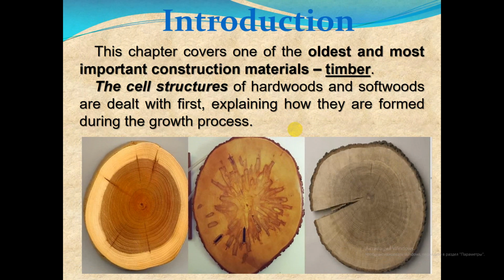Introduction. This chapter covers one of the oldest and most important construction materials, timber. The cell structures of hardwoods and softwoods are dealt with first, explaining how they are formed during the growth process.